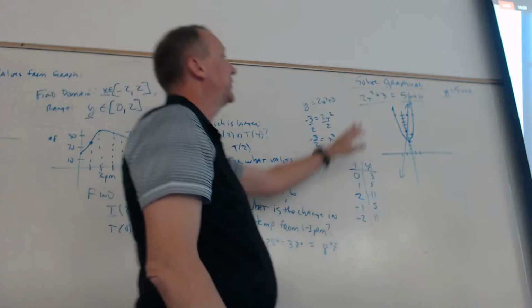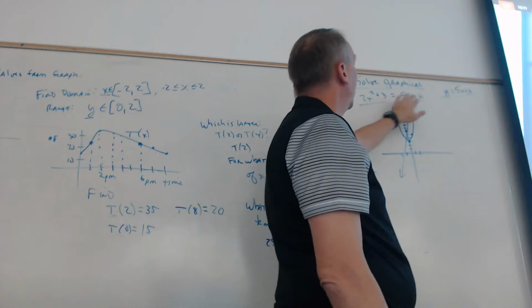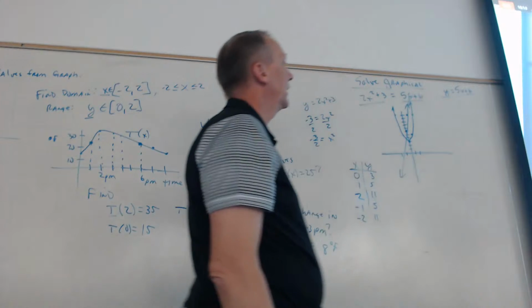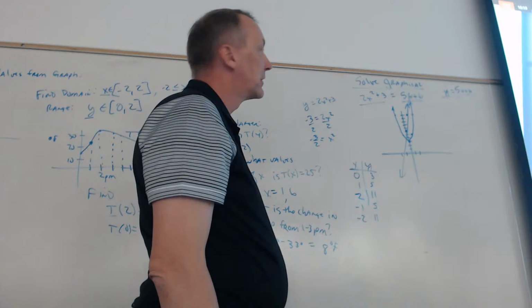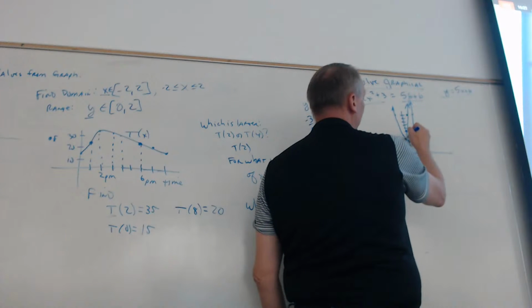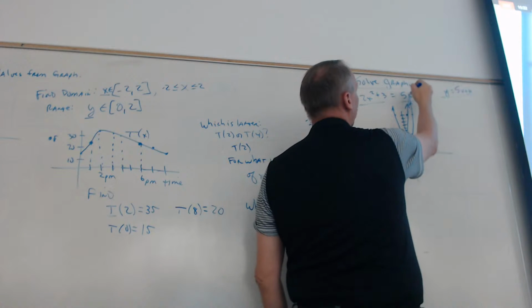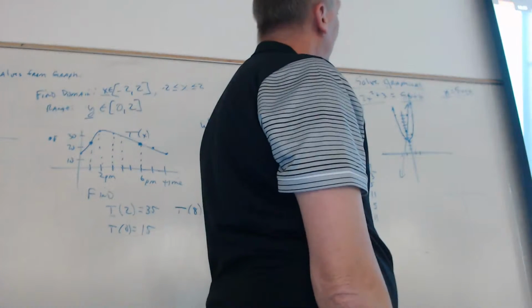Now, if we're solving this graphically, where does your parabola equal your line? Graphically. You want like a coordinate? Yeah, it's this coordinate here, and it's going to be that coordinate there. Okay?